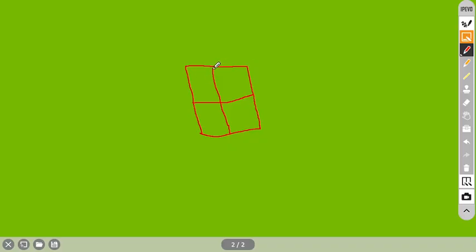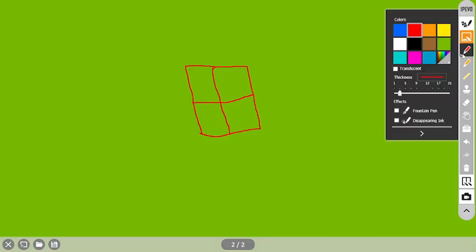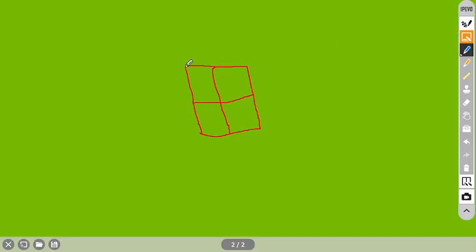Now we should try to understand: this is the superior vena cava, and this is the inferior vena cava.